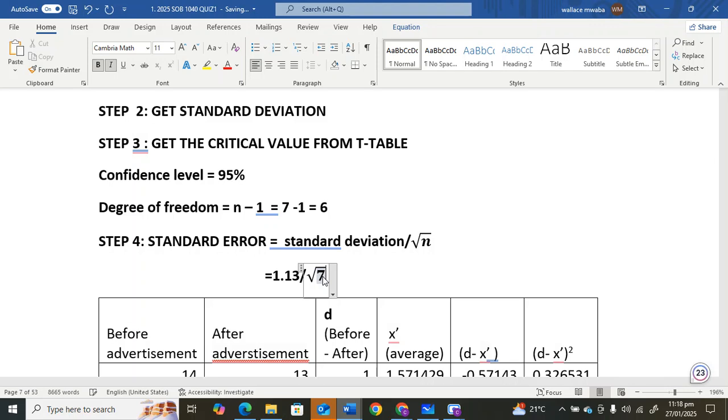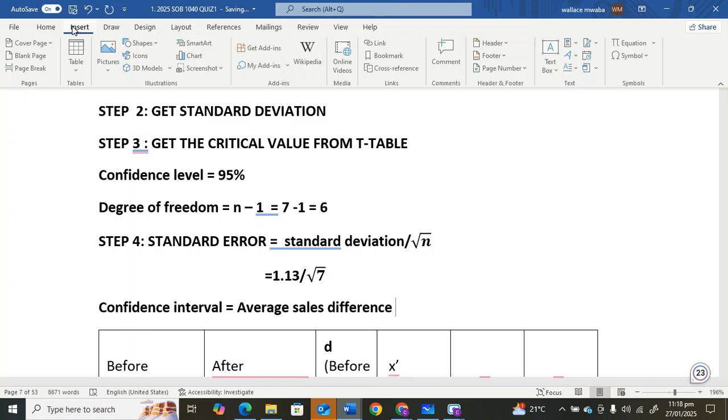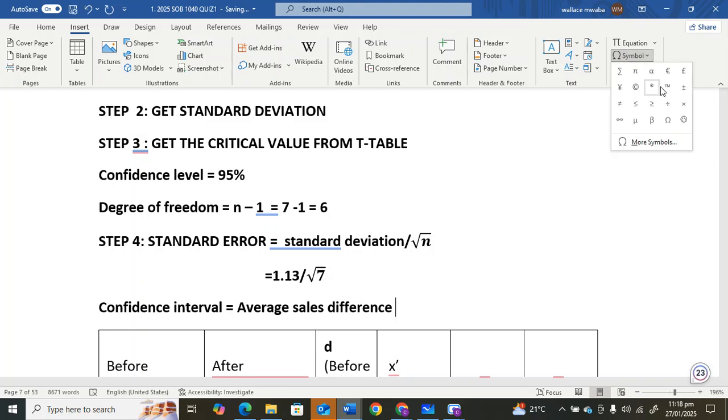Square root of 7, get it, then divide 1.13 by it.